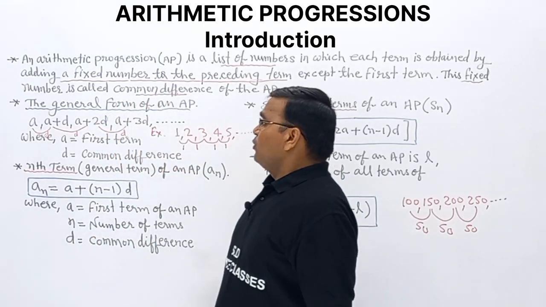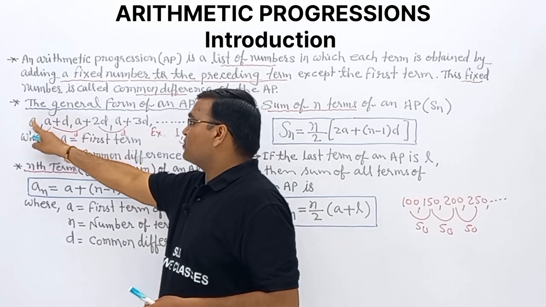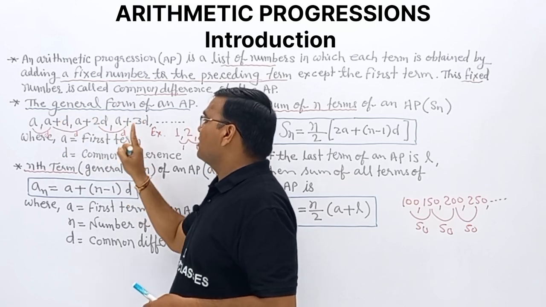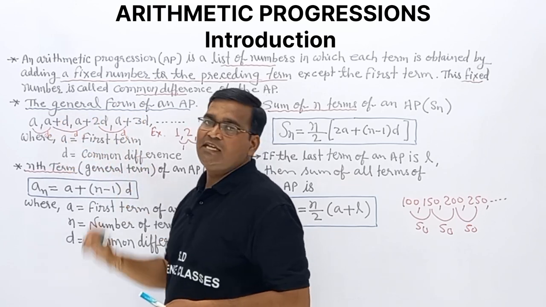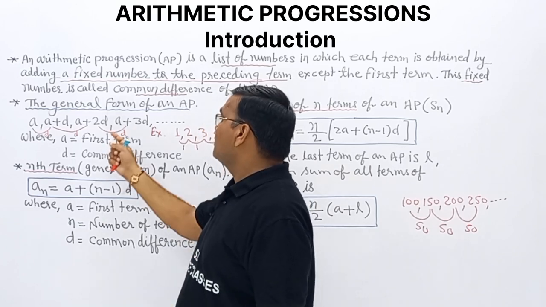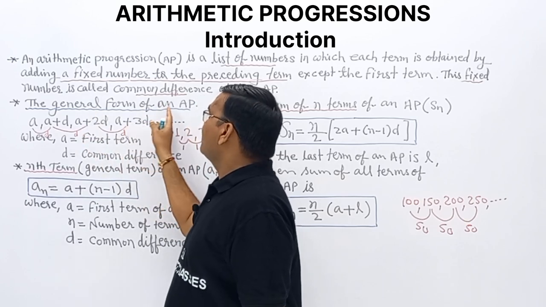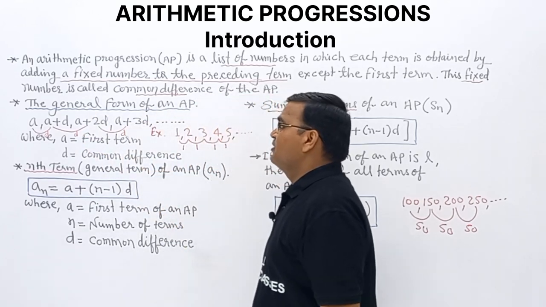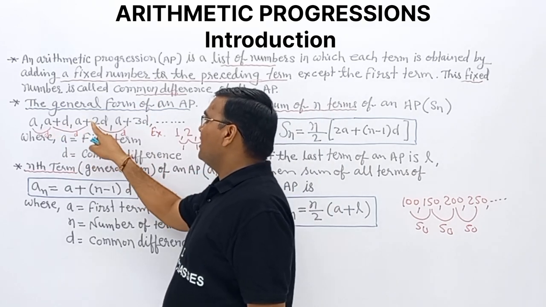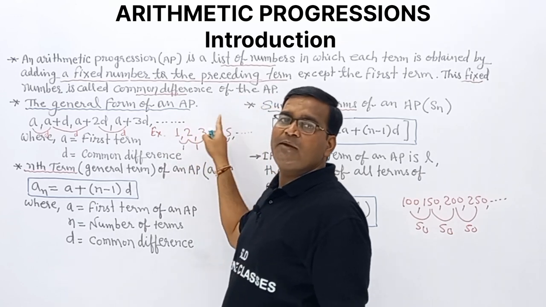Observe how we will find the common difference. Second minus first term, third minus second term, fourth minus third term, we are getting what? D, and it is the same. So the common difference is D. A is the first term. So this is the general form of an AP: A, A plus D, A plus 2D, A plus 3D, A plus 4D, A plus 5D and so on.